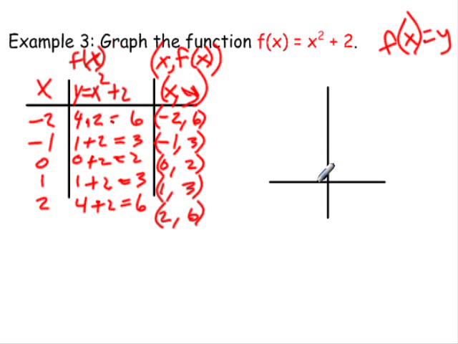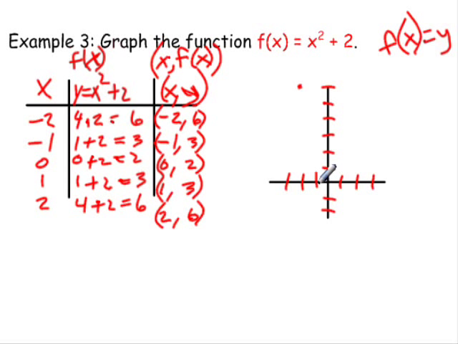Okay, so I've got my couple points going out. Once again, I kind of cheated and knew that I was going to be going kind of taller. So I'm going to go ahead and do that. So if I go back 2, I'm going to be up here at 6.